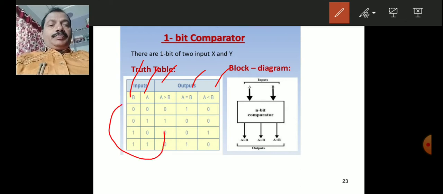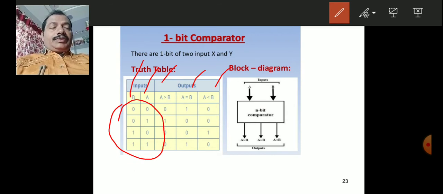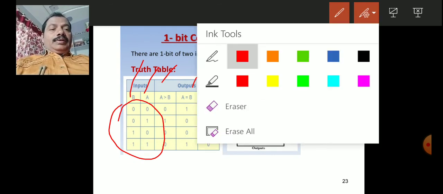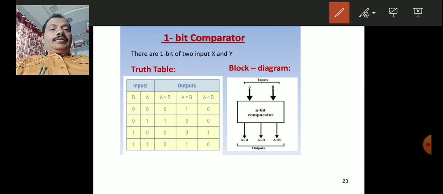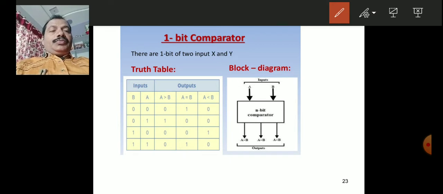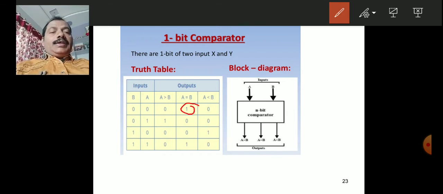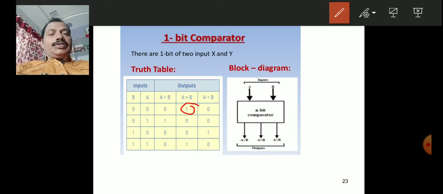These are the input combinations. Next, let us take the first combination. A is 0, B is 0. Both are equal, hence A equals B is 1. Other two outputs are zeros.